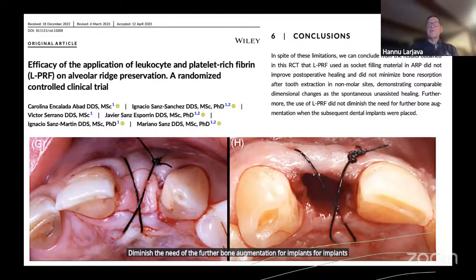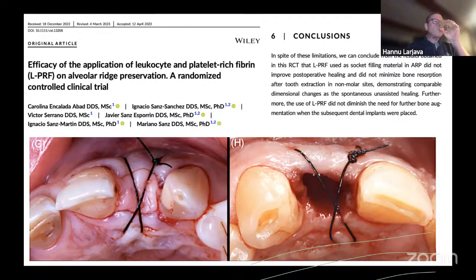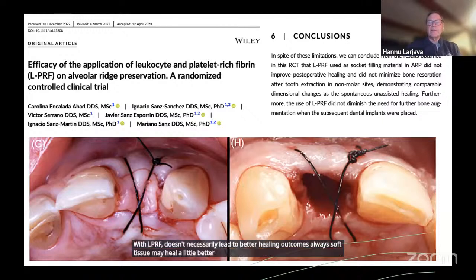So it was comparable to unassisted healing. So blocking every socket with LPRF doesn't necessarily lead to better healing outcomes always. Soft tissue may heal a little better, but in terms of the bone recovery, you may still need your bone graft. I mean, if you do a bone graft and put the LPRF membrane on the top, I think that would be fine.